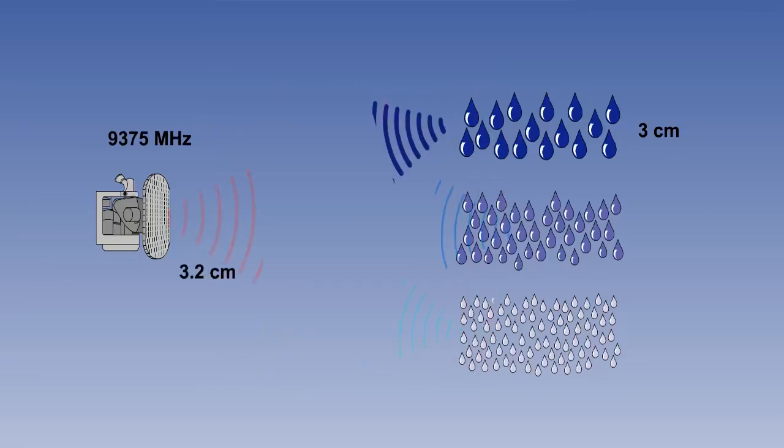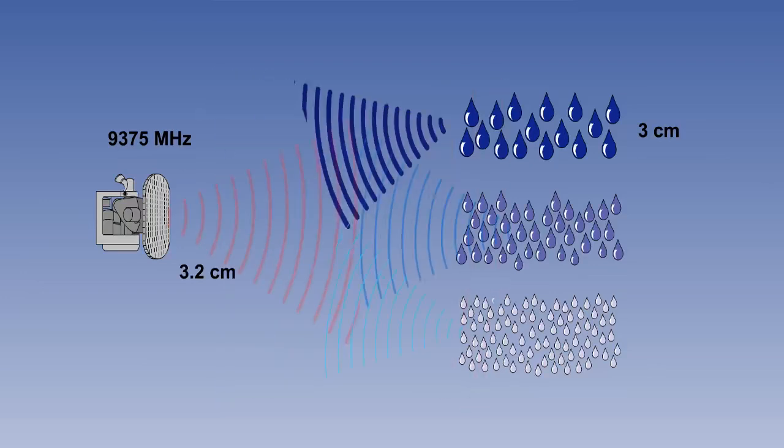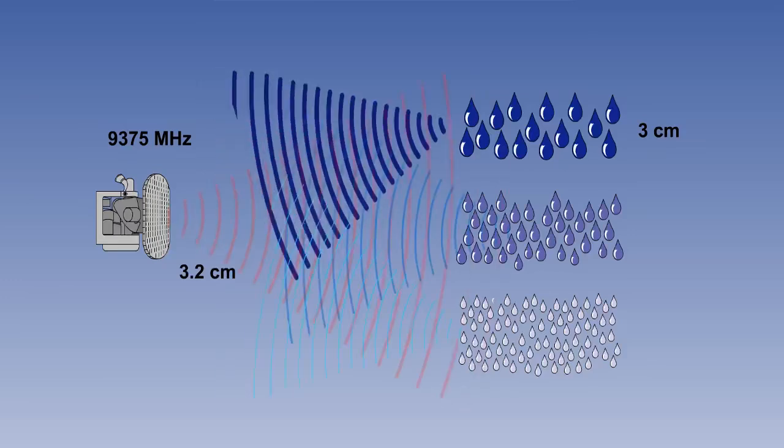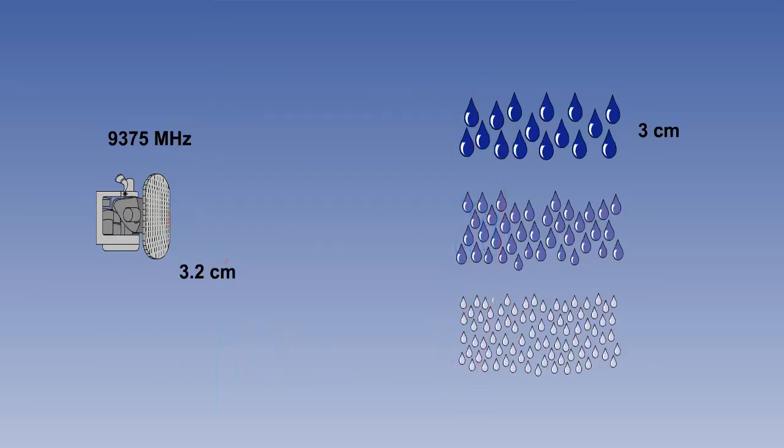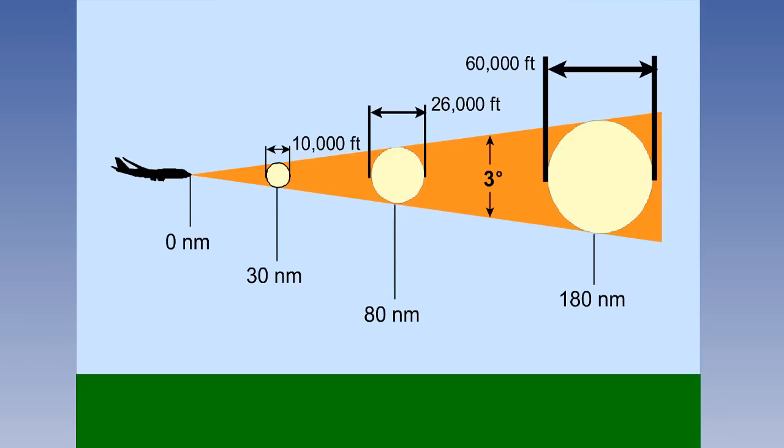A typical frequency used is 9375 MHz, which produces a wavelength of 3.2 centimeters. A higher frequency would produce returns from smaller droplets, whereas a lower frequency would fail to produce sufficient returns to highlight the area of turbulence. Here, we see the coverage for a 3-degree beam at various ranges.